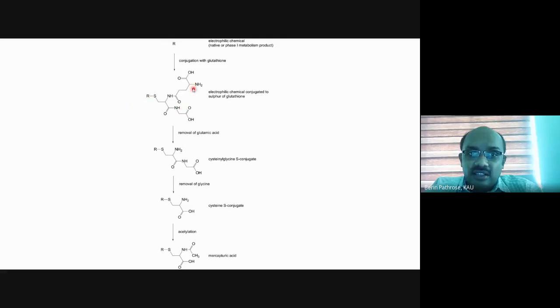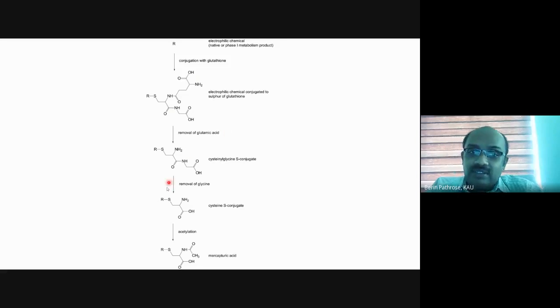This is R. You can see it over here. This is the pesticide, and this is the glutathione. And the first is the removal of glutamic acid. You can see from over here, this is glutamic acid. This glutamic acid will be removed first from this conjugate.